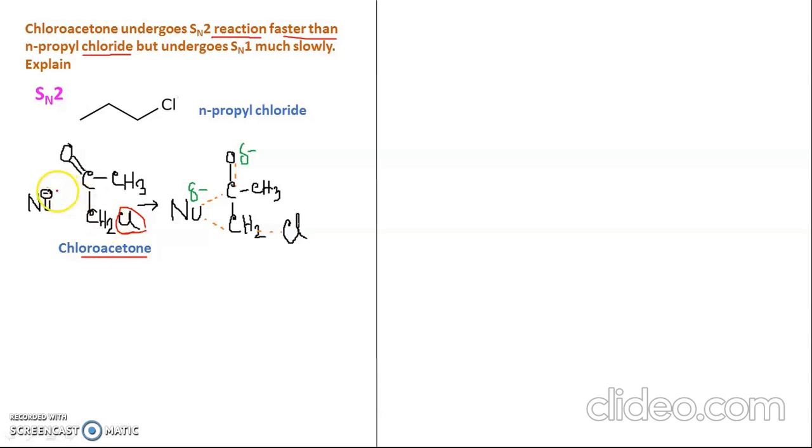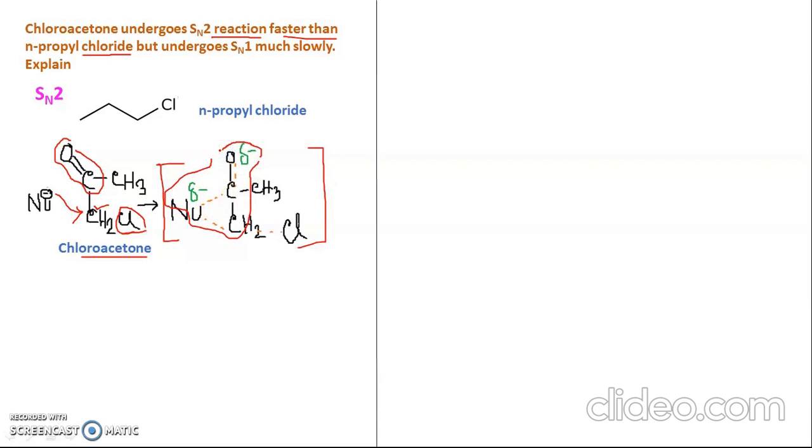Now the nucleophile should attack here, but before that this type of transition state will be formed. There is a CO group just beside this carbon, isn't it? So as a result, what will happen? This negative charge will spread over all of this region.